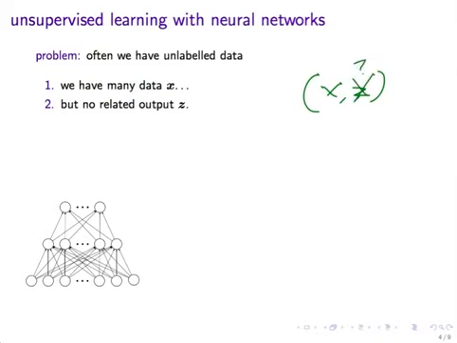Even though a later lecture will focus on the general problem, here we will discuss how a neural network can be used in this case. So consider this neural network. We have an input layer here, and we want to use this neural network to map our x's on z's. But we don't know the z.